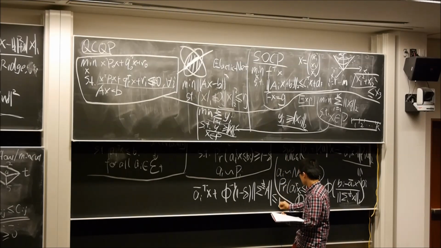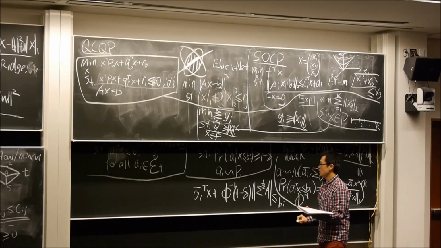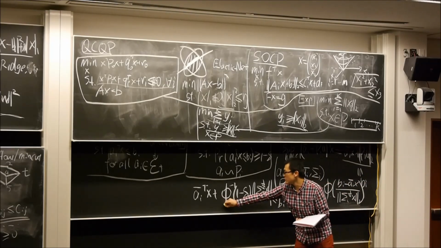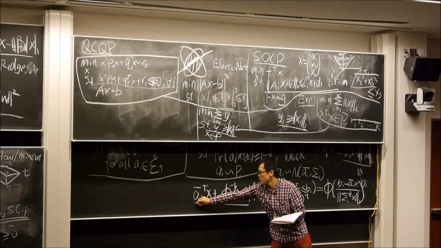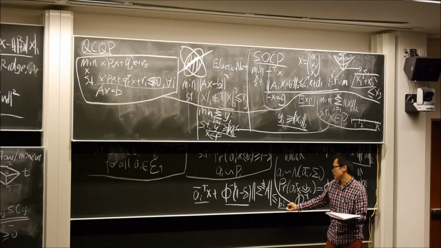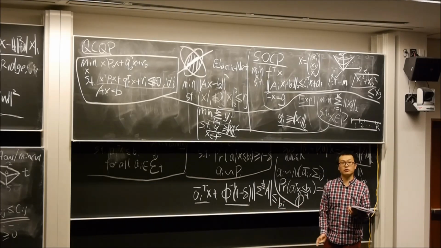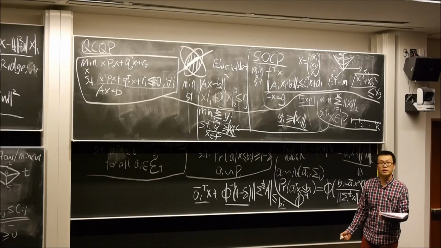So again, this is a constant, and this is a linear term, and this is also a linear term, and it becomes a second order cone constraint.